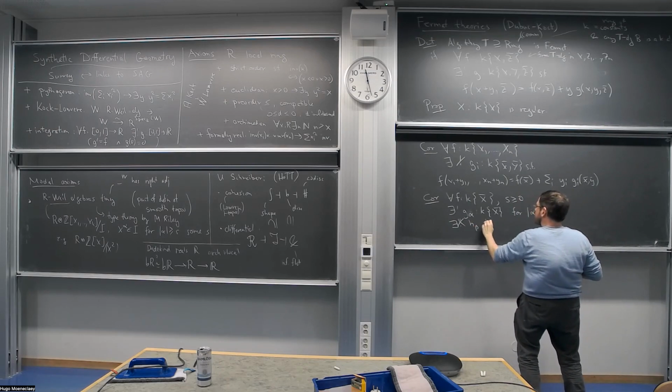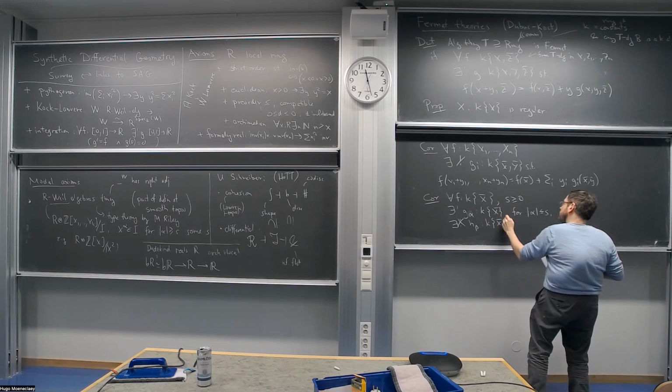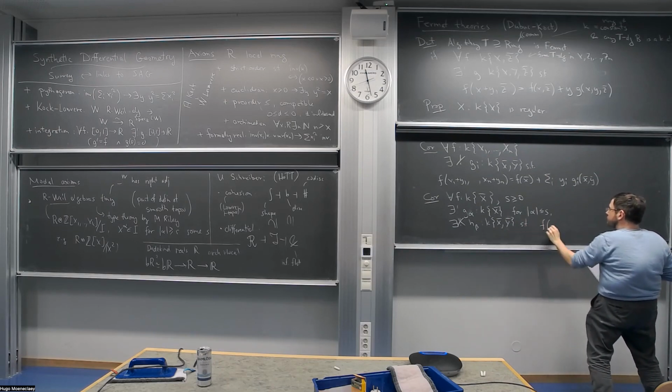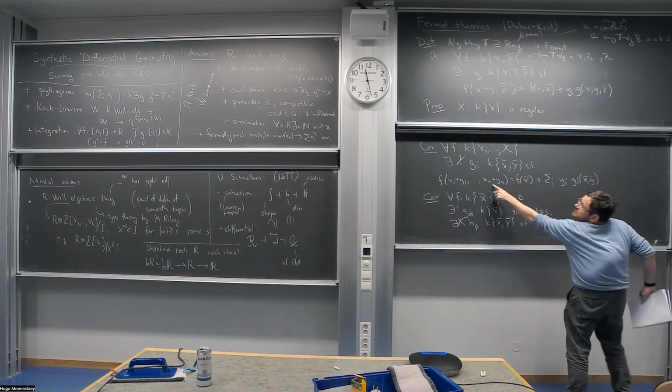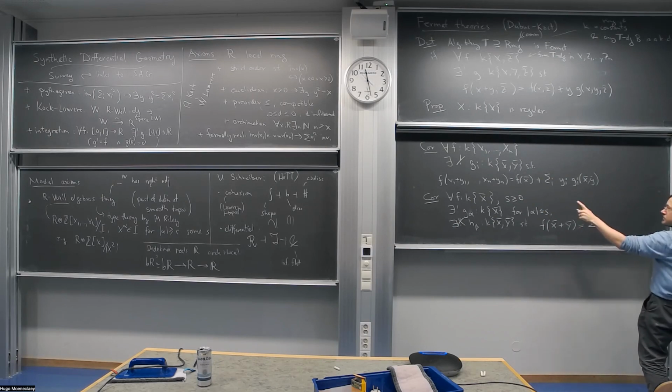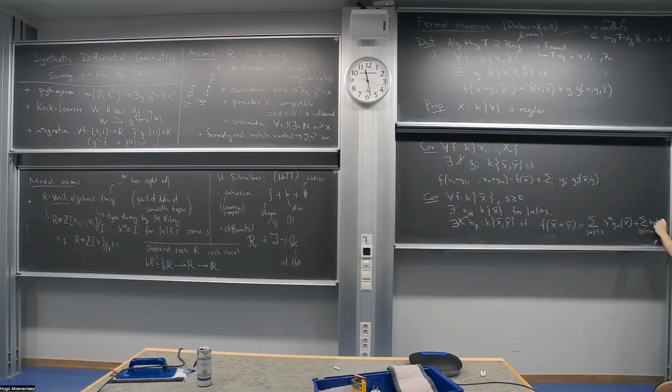And then non-unique h_beta, but I need both the x's and y's, such that, with a bit of abuse of notation, x plus y meaning the same thing as up there, f is the sum of all the partial derivatives up to order s, y to the alpha, g_alpha of the x's, plus higher order terms, non-uniquely determined.